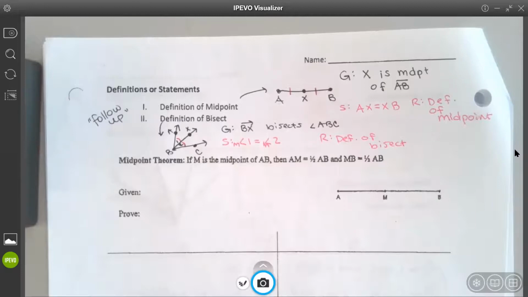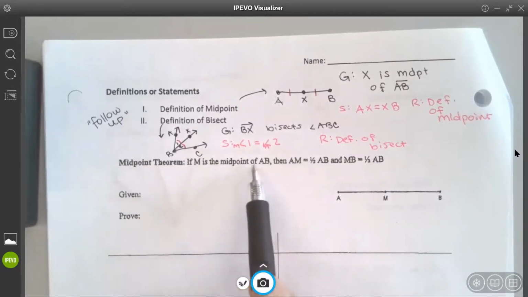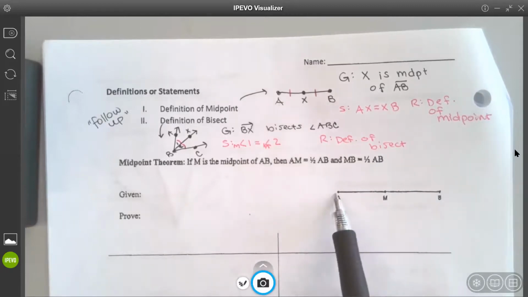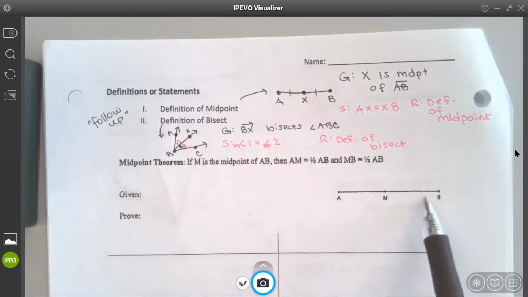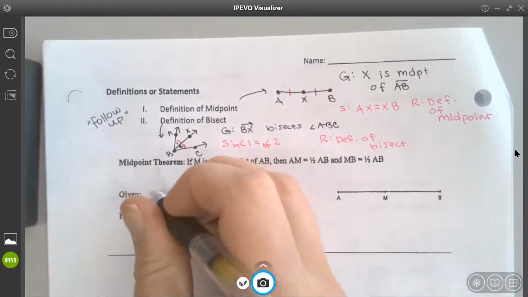So now we're going to tackle the hardest proof of the day, followed by our last and easiest proof of the day. So it's like really hard, and then we'll end on a nicer note. So here's our midpoint theorem. If M is the midpoint of AB, then AM is half of AB, and MB is half of AB. So given that theorem, I'm going to give you a given and something to prove.